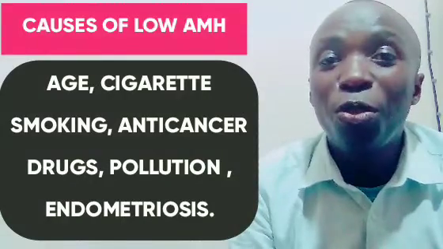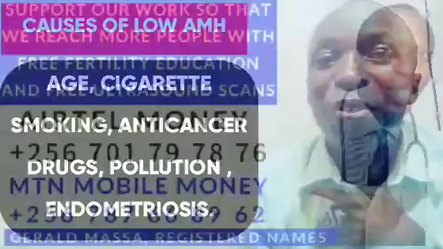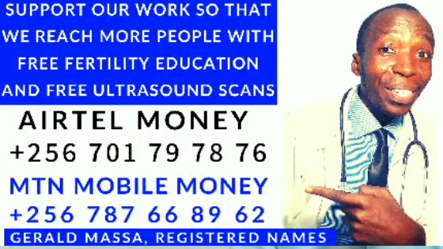The normal levels, we know they range between 2 up to 6 mg per mil. If you do the test and the results show that you have 0.1, then it means that your AMH levels are very low.